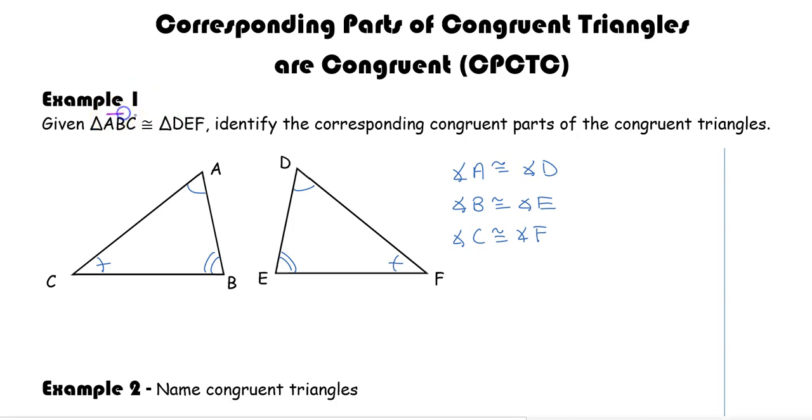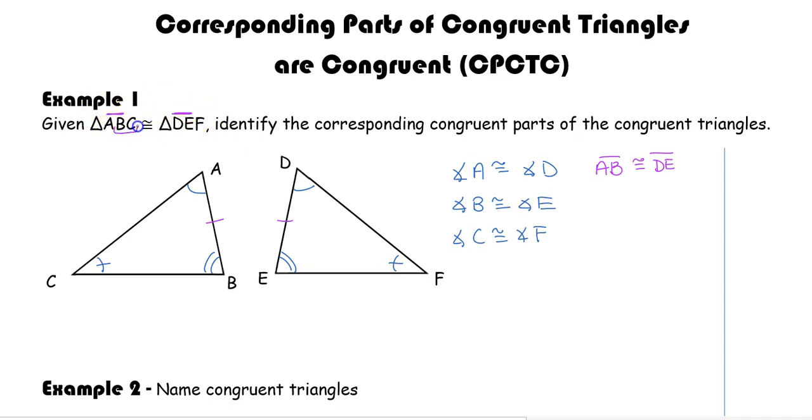We see that AB are the first 2 letters in the first statement, and DE are the first 2 letters in the second statement. Therefore, I know segment AB is congruent to segment DE. We can get all of this information from that statement. When we see that triangle ABC is congruent to triangle DEF, it puts all of our pieces in corresponding order for us.